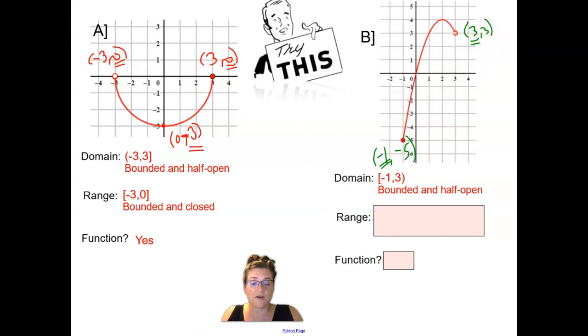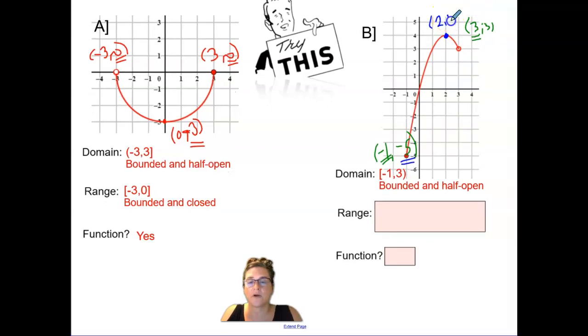If you follow this curve all the way up, right, -5 is the lower bound, but we keep going up, up, up. We go higher than 3 on the y-axis. This curve goes all the way up to a maximum here at 2, 4. 2, 4 is my highest y value.